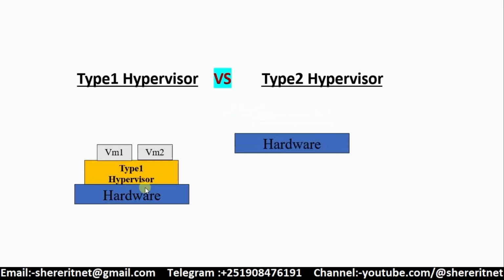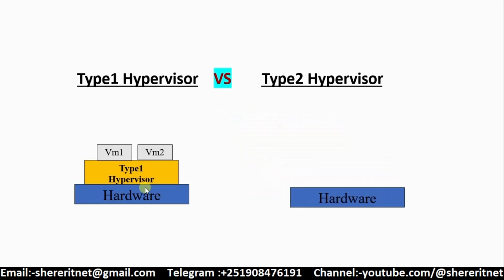When you come to type 2 hypervisor, there is also always underlying hardware. On top of that, we install an operating system, Windows 10 or Windows 11 maybe. On top of that, we install the type 2 hypervisor. Another name for type 2 hypervisor is host-based hypervisor, because we install it on top of the host operating system.